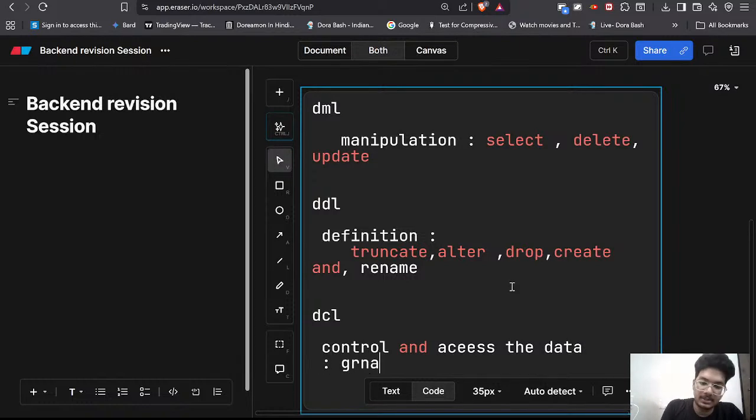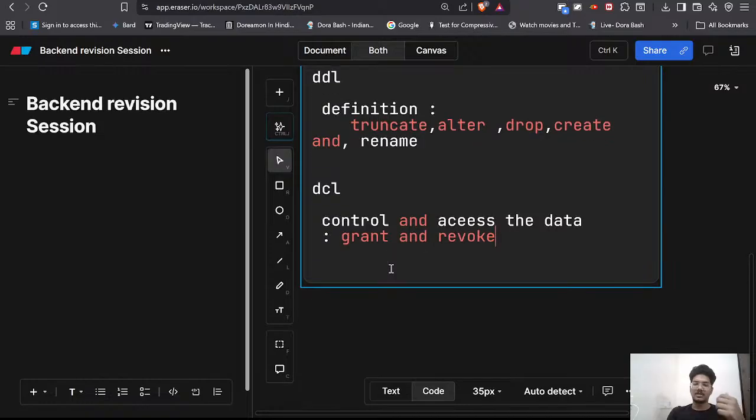Through the grant and revoke portion. Manipulation is select, delete; definition is truncate, alter, drop; and data control language controls and accesses the data, providing grant and revoke.